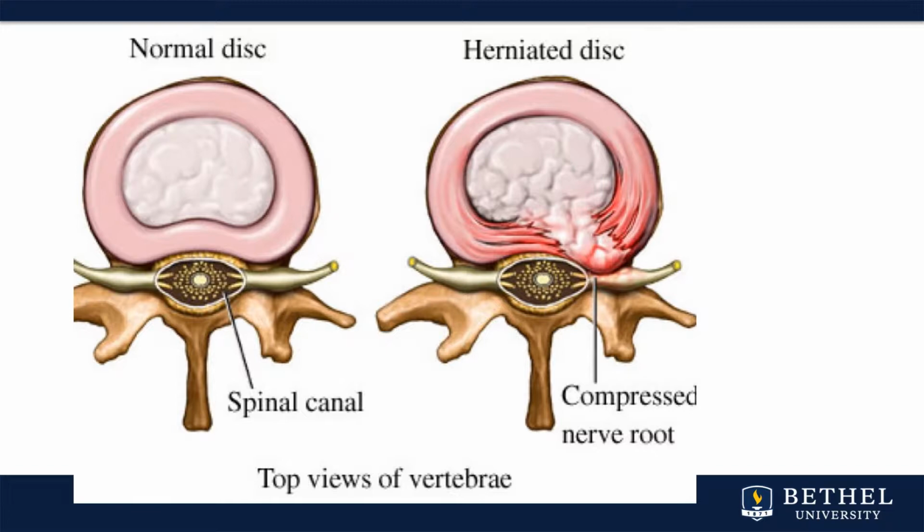Here we have our normal disc with the nucleus pulposus and the annulus fibrosus around it, and the pulposus has been pushed through the annulus fibrosus and is often pushing on a nerve root. Wherever this nerve goes is where the patient will experience symptoms of tingling or ache or pain.